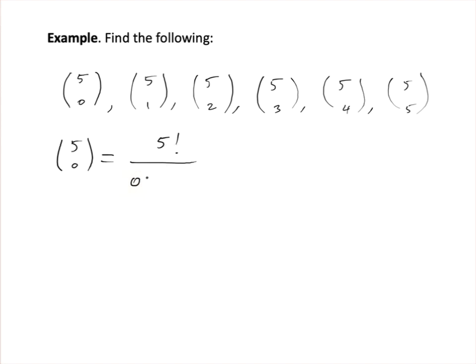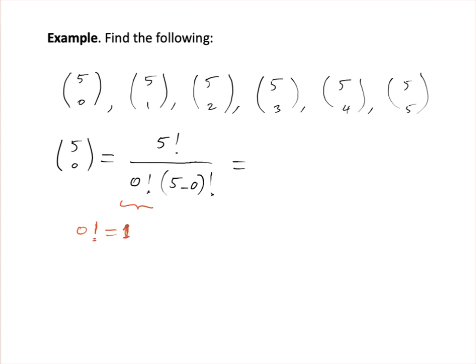So it's 5 factorial divided by 0 factorial times 5 minus 0 factorial. One of the things about factorial: 0 factorial, by definition, is 1, because 0 happens to be below 1, and the definition requires multiplying from 1 up to that given number. So in that sense, we define 0 factorial as 1.